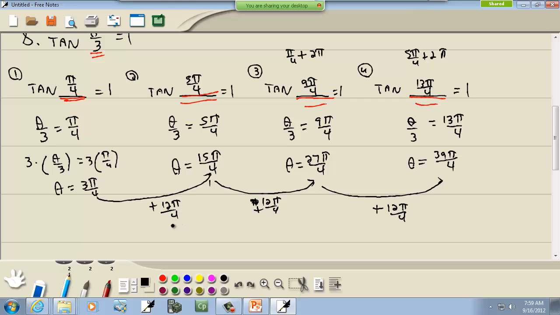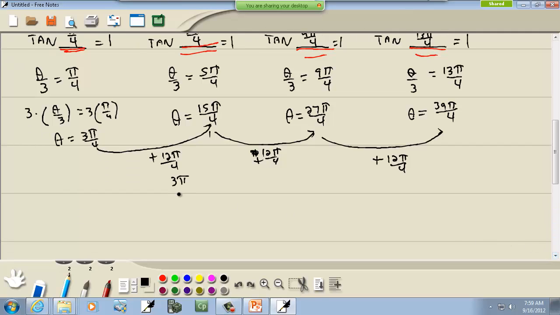Well, 12 divided by 4 is 3, so it appears like our pattern is we add 3 pi over and over. So we're going to take our first answer, which is 3 pi over 4, and we're going to add 3 pi n, and n is an integer.